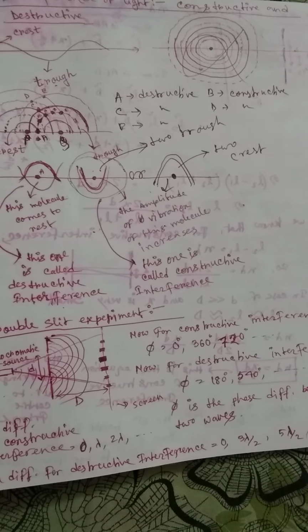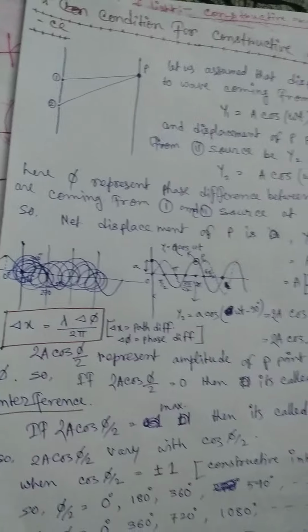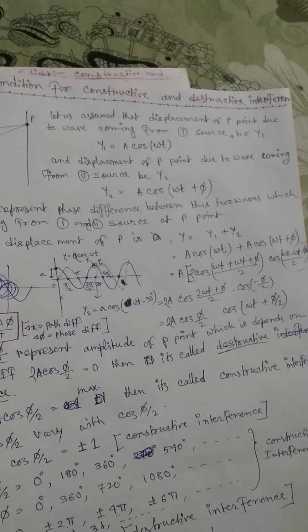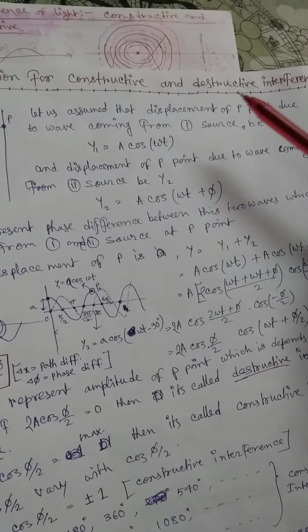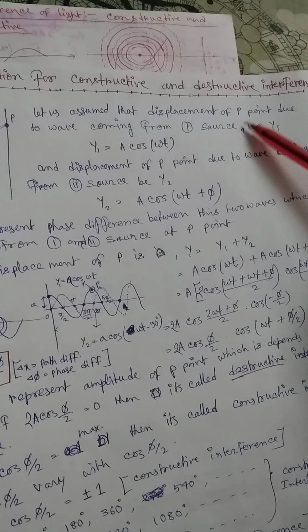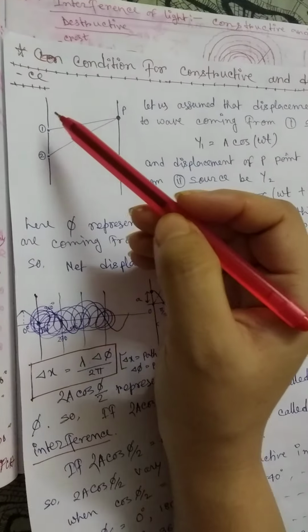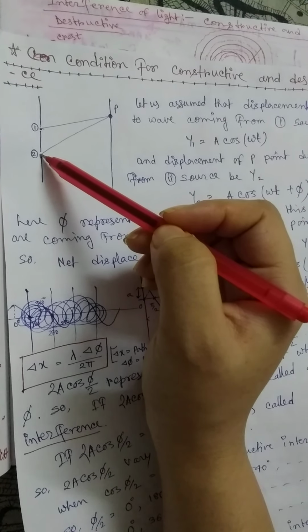Okay. So now I will discuss when constructive or destructive interference is created. Here I am taking the double slit: look here, slit number 1 and this is slit number 2.